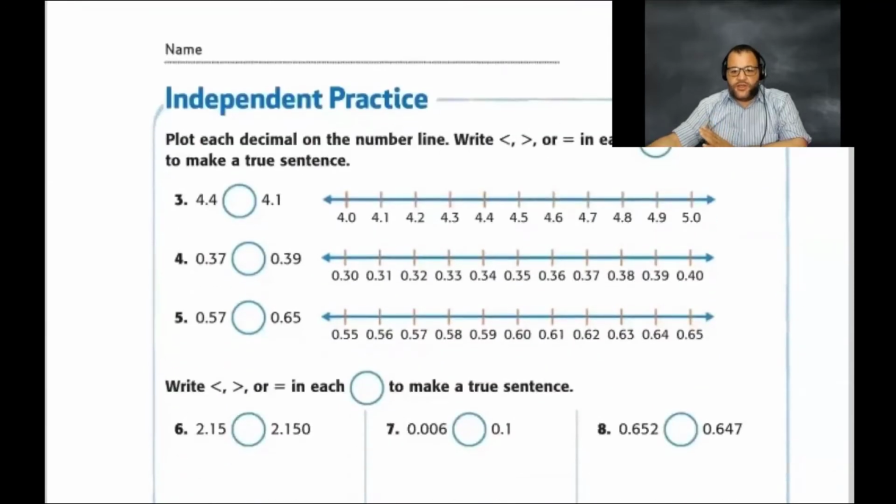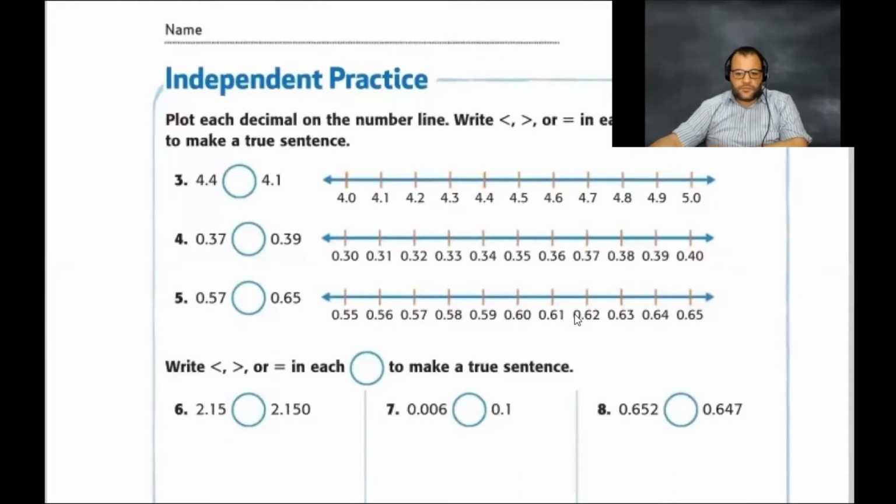Okay, thanks. So we need Hazim Tariq to solve with me question number 3, please. 4.4 is greater than 4.1. Thanks.